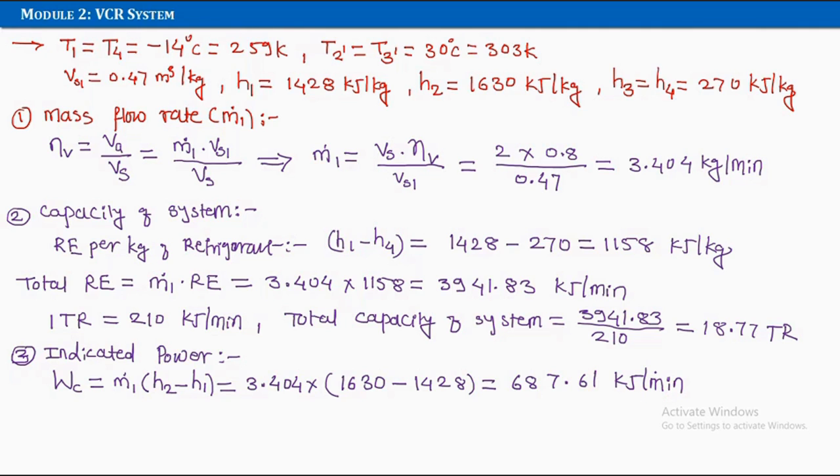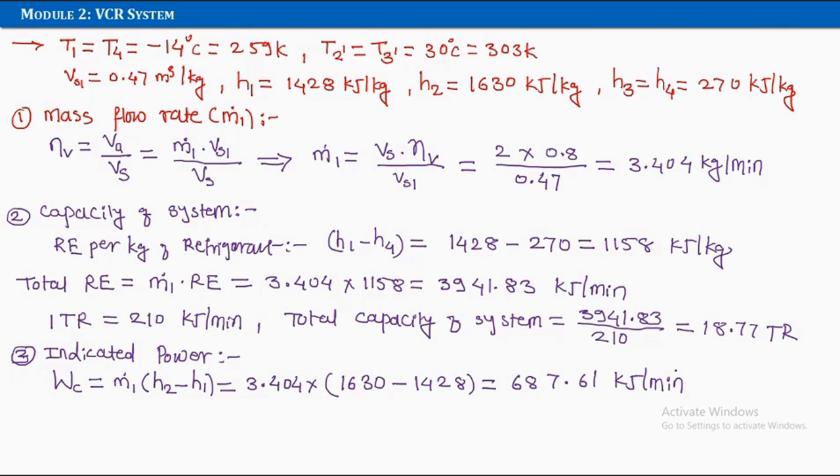So the work of compression is equal to 687.61 kilojoule per minute. But in the problem, it is given that heat is rejected to the compressor cooling water. That means to cool the compressor, the heat is released by the compressor to the water circulated through it.